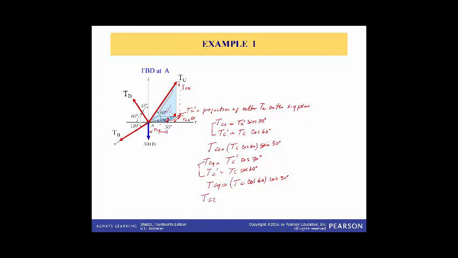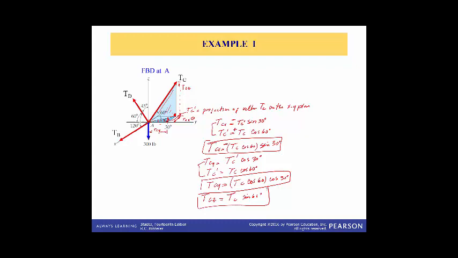Then TCZ is TC times the opposite, so it would be sine of 60 degrees. Now, let's take a look at the signs. The x is negative, y is positive, and z is positive.